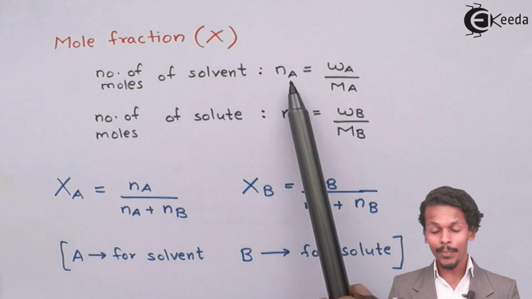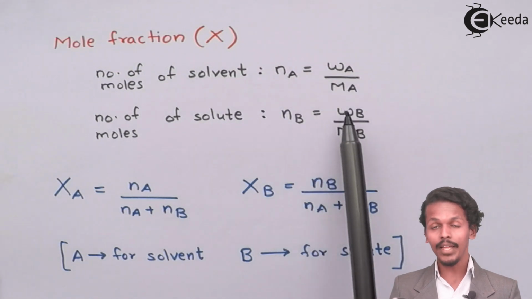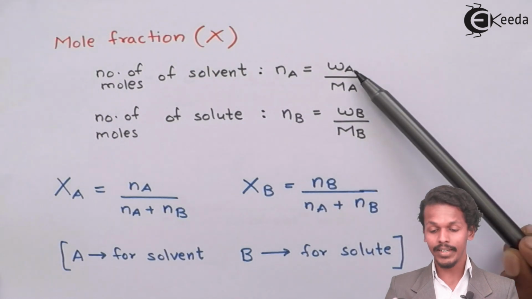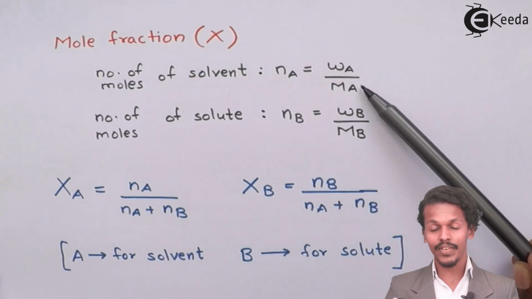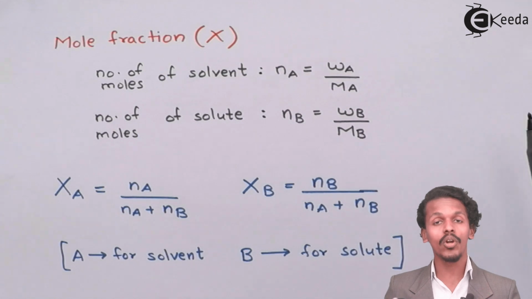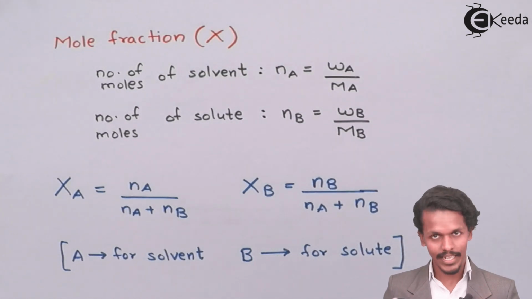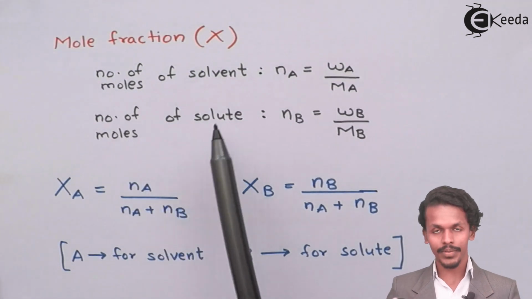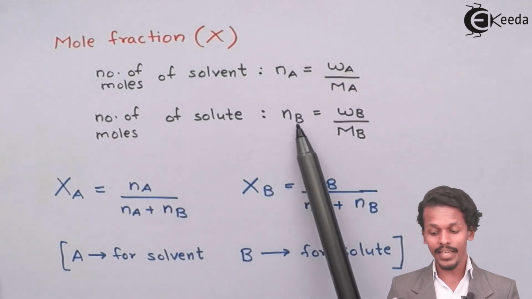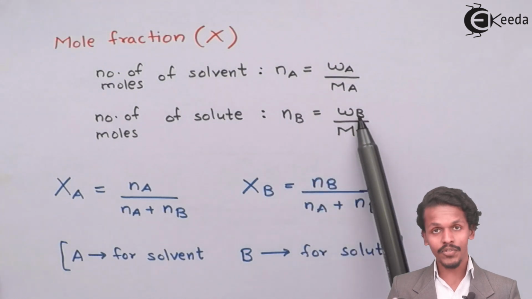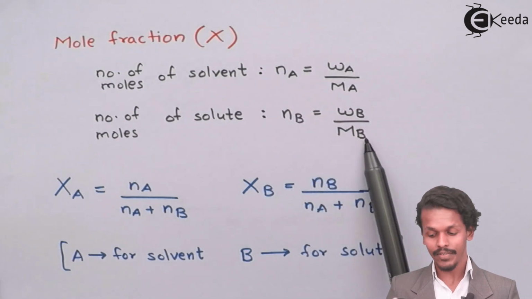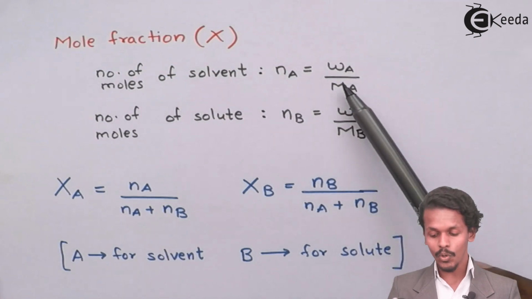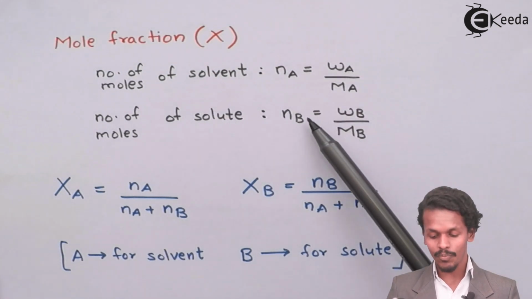The number of moles means weight divided by molecular weight, which is the formula that we know, but here we are specifically talking about the solvent, so Na is Wa divided by Ma. The next one is number of moles of solute, described by Nb, which is weight of solute divided by molecular weight of solute, that means Wb divided by Mb.